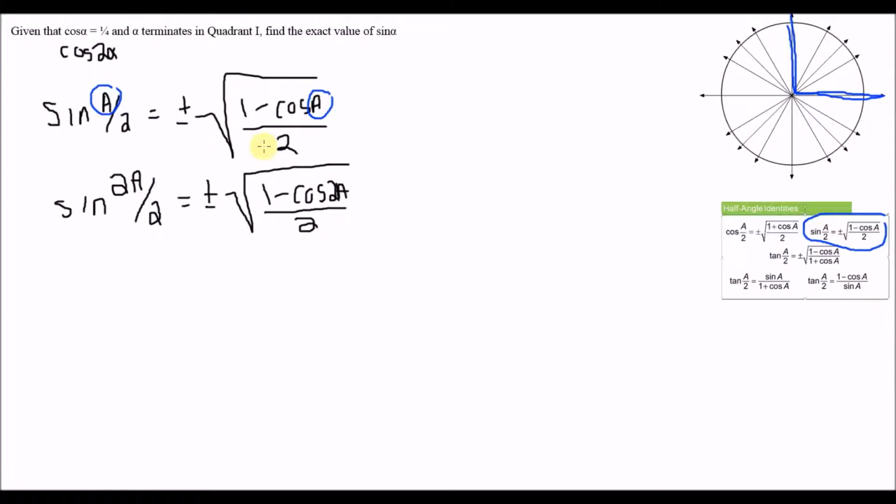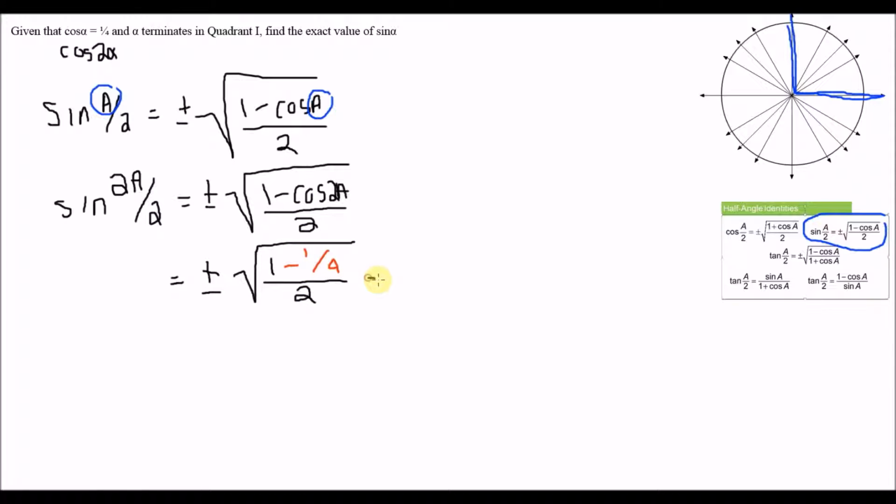And we already know that cosine 2A equals 1 over 4. So we're just going to fill that in for cosine 2A. Okie doke, over 2.